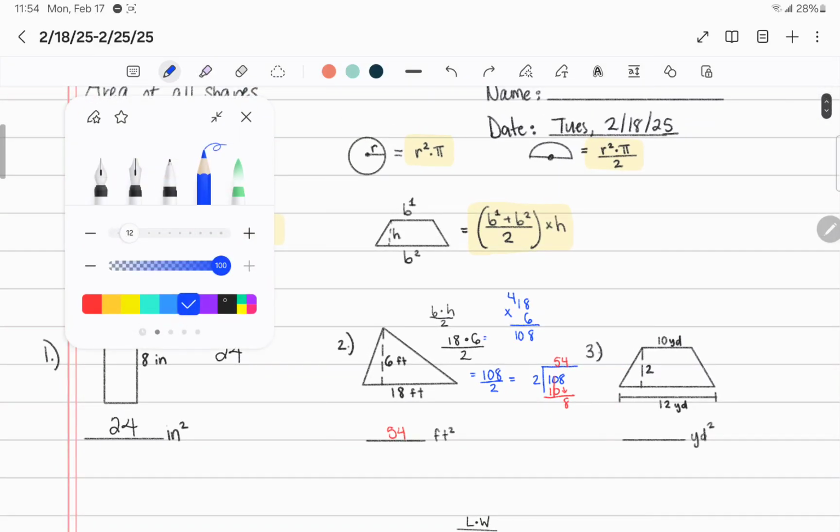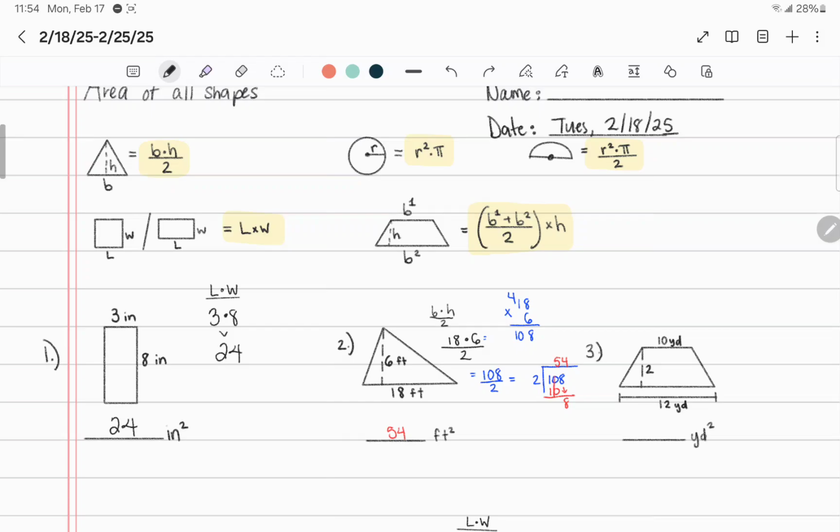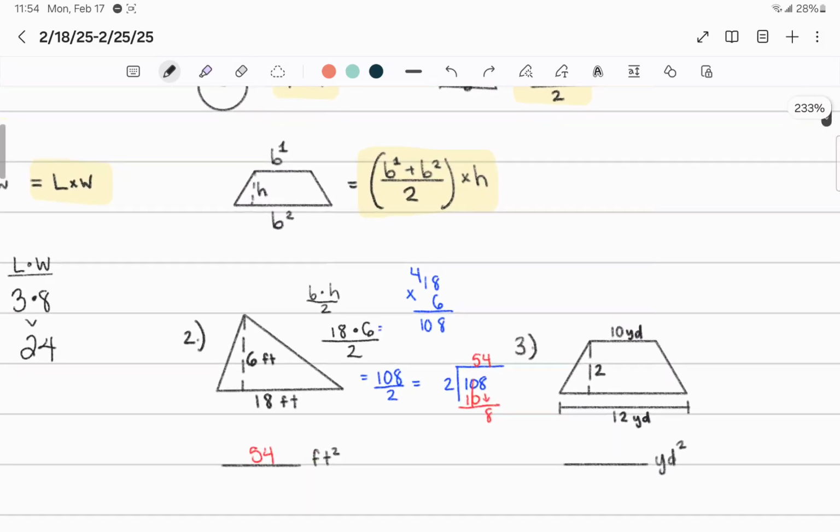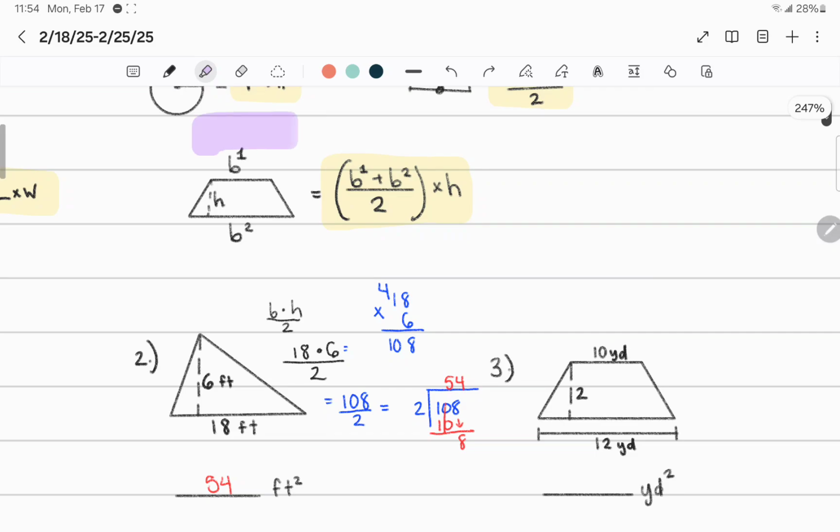Moving on to number 3. So number 3 is right here. So we have B1 plus B2 divided by 2 first, and then we multiply it times height.